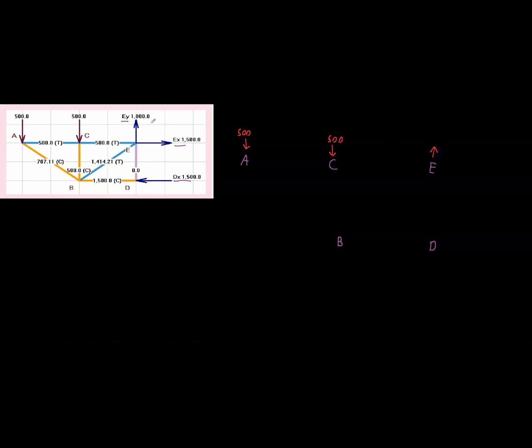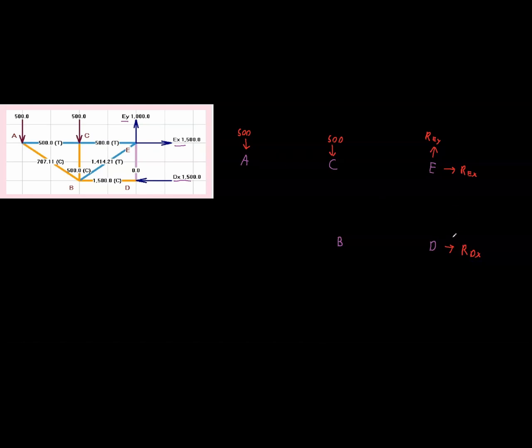And how do you get 1,000 and 1,500 here and here? Well, we'll call this reactionary force at E in the Y direction, and we'll call this one reactionary force E in the X direction. And over here, we've got reactionary force at D in the X direction, because this is clearly where the roller goes.